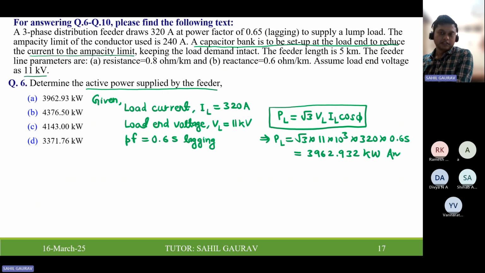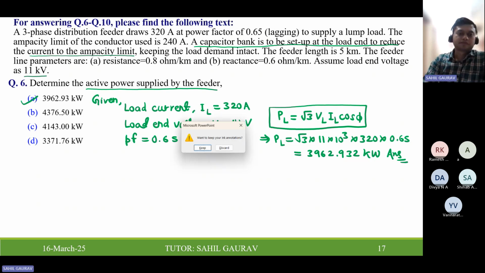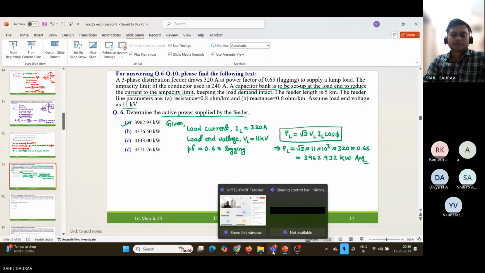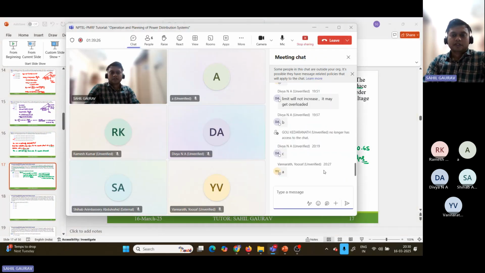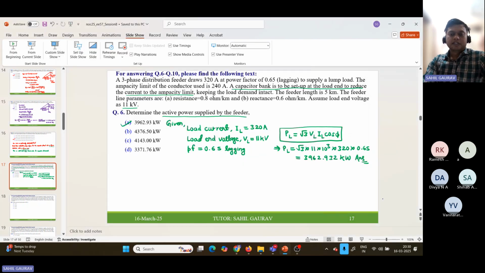So this is the answer. The correct answer is A, 3962.93 kilowatt. How many of you got this answer? Yes, Yusuf, your answer is correct. 3962.93 kilowatt.